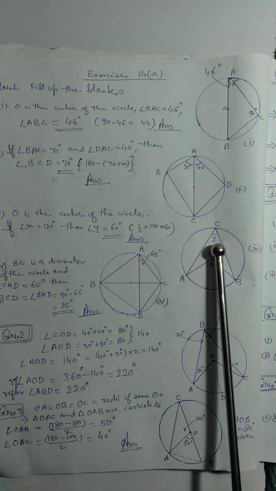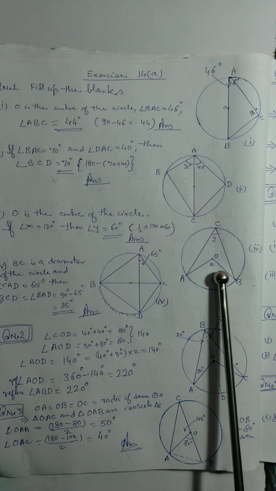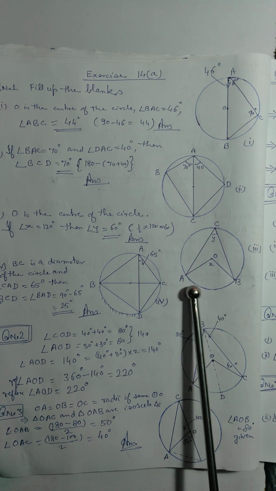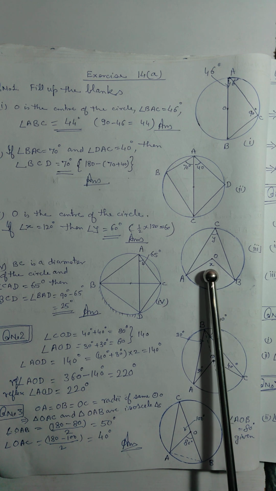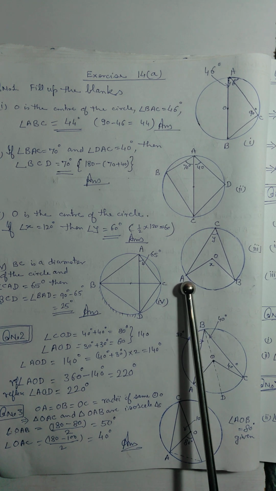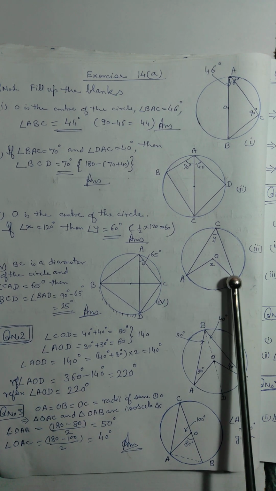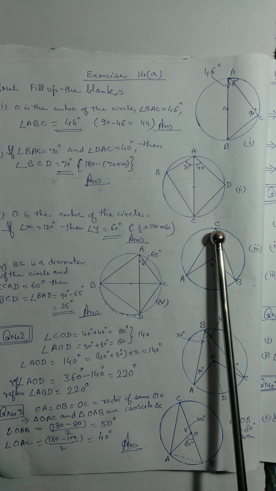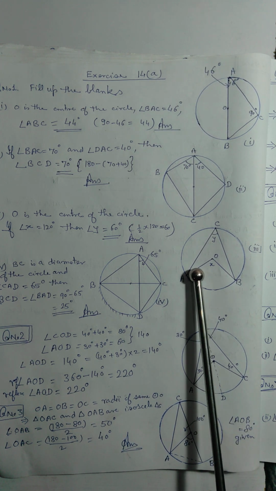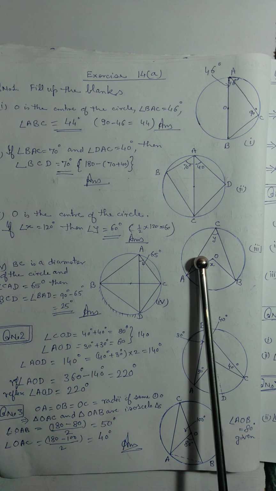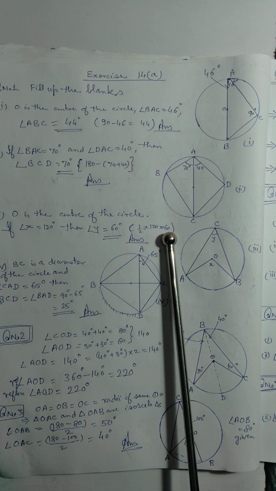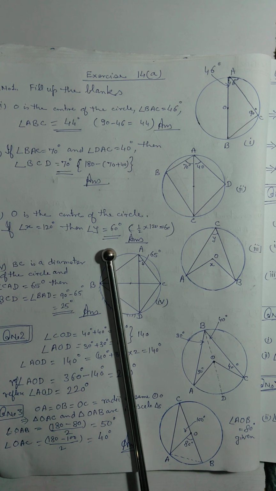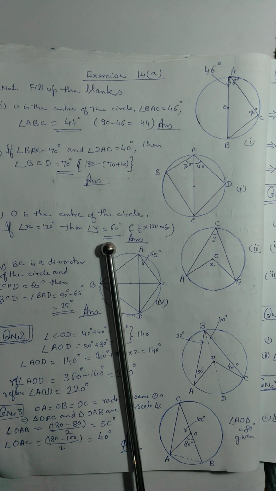We have to find the value of y, which means the angle subtended by this arc AB at the center is 120 degrees. So the angle subtended by AB on the circumference will be half of it, that is 1 by 2 of 120, which is 60 degrees. So 60 degrees is the appropriate answer.